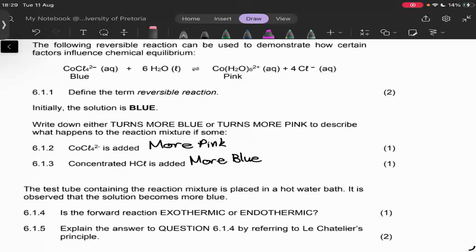What do you guys think? Okay, the answers are rolling in, and they are all correct. It is indeed exothermic.